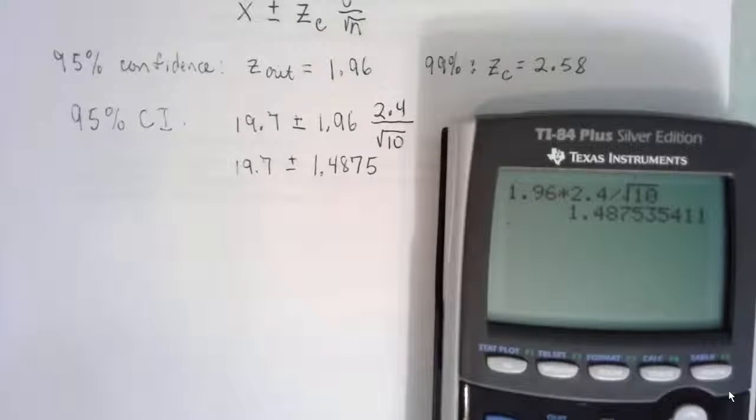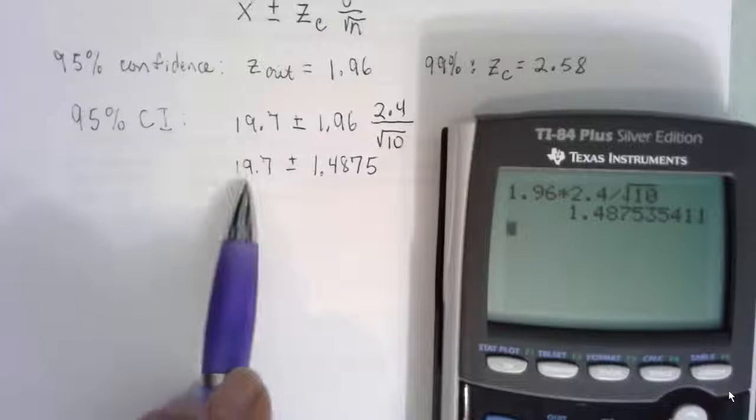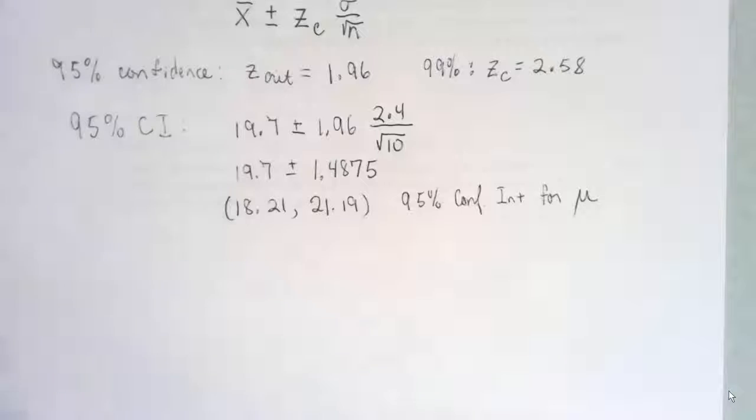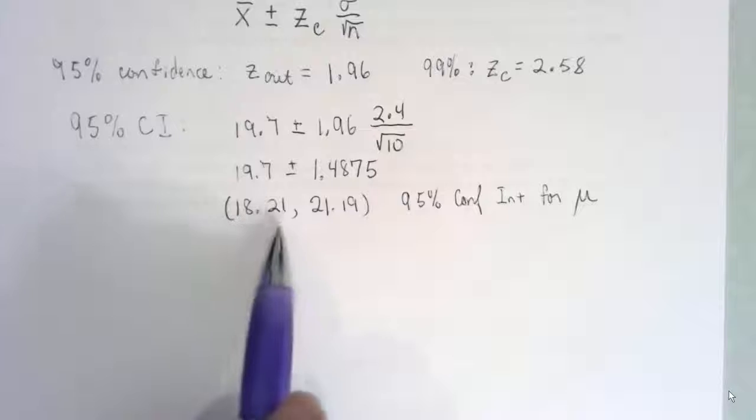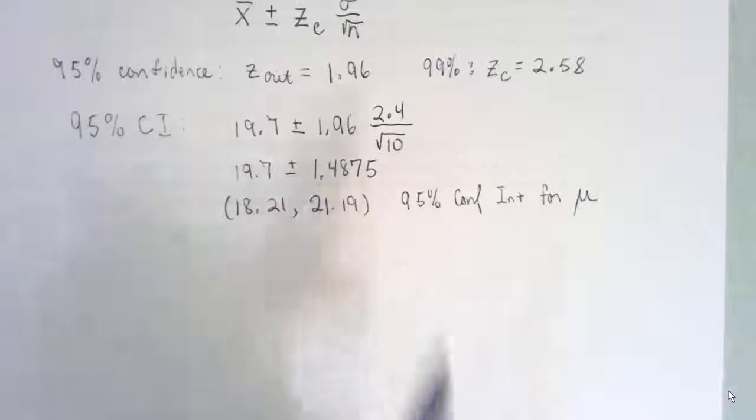All we need to do now is to both add and subtract this margin of error from the point estimate. There is our 95% confidence interval for the mean of the population. In other words, we believe that the mean of the whole population lies somewhere between 18.21 pounds and 21.19 pounds.